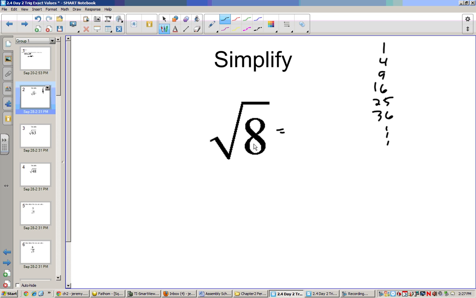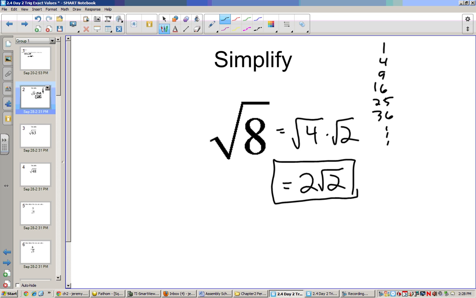The largest perfect square that goes into 8 is 4. So I can say the square root of 8 is the square root of 4 times the square root of 2, because 4 times 2 is 8. Now, I can take the square root of 4, which is 2, but I can't take the square root of 2, so I'll leave that in. So square root of 8 is 2 times the square root of 2.